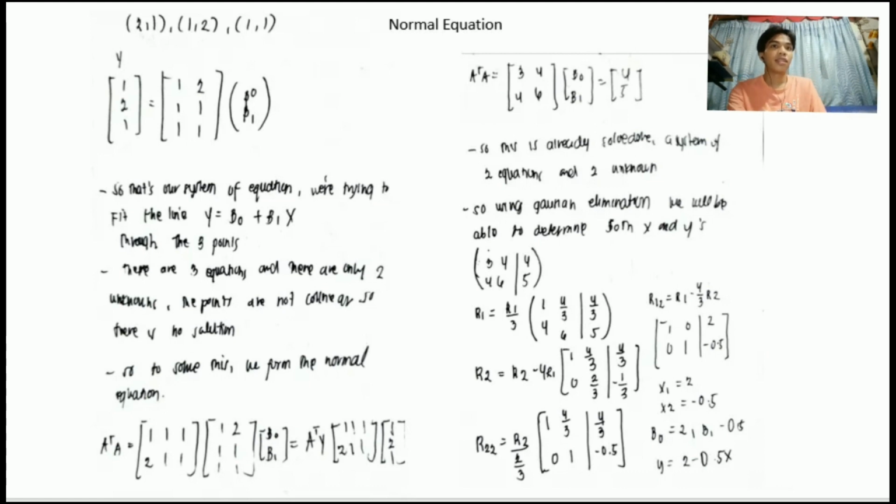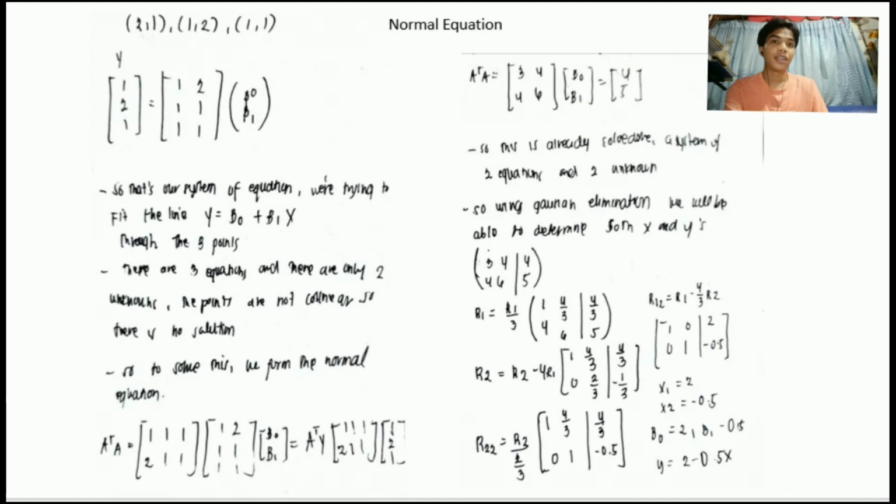So this is already a solvable dimension because we already have balanced dimension here. We have two equations and two unknowns. Using Gaussian elimination, I know that all of us are familiar with this, we will be able to determine both x and y.